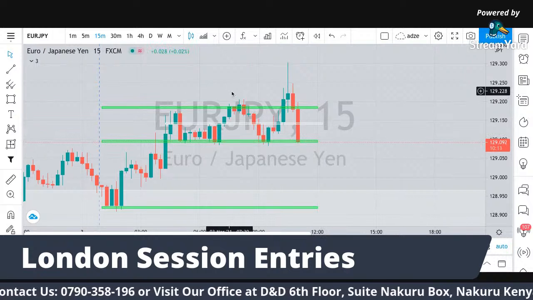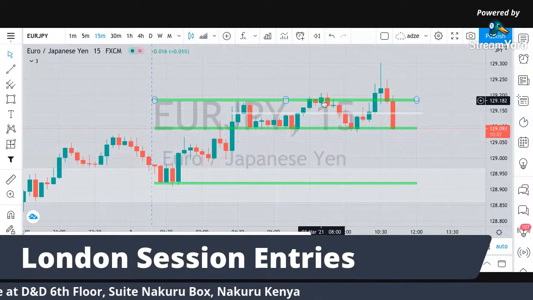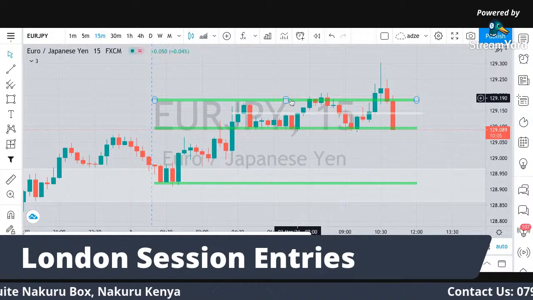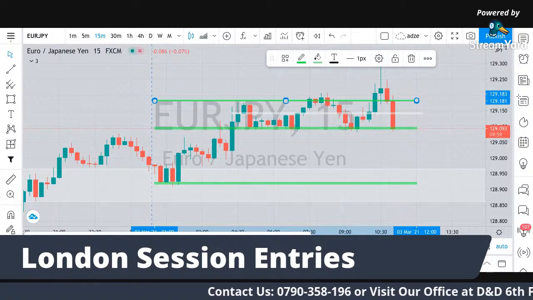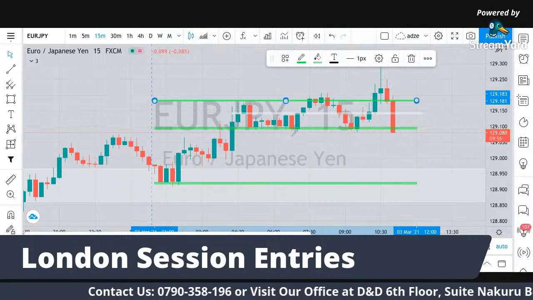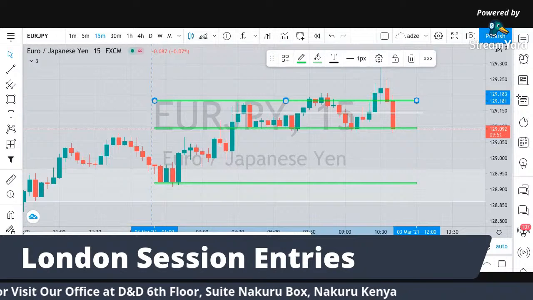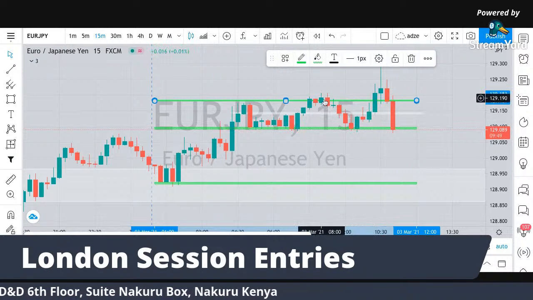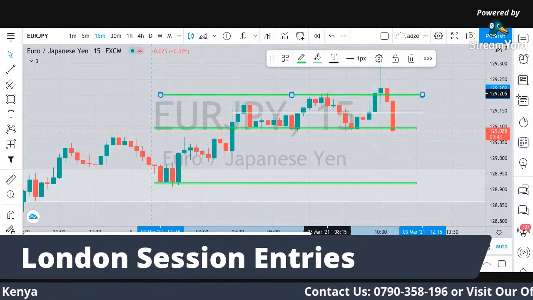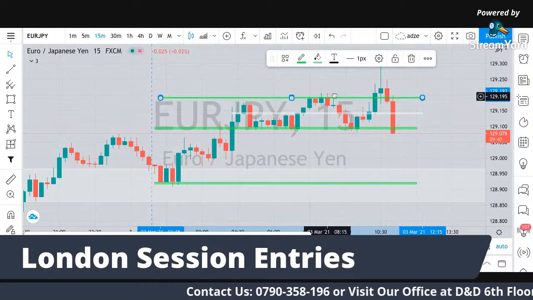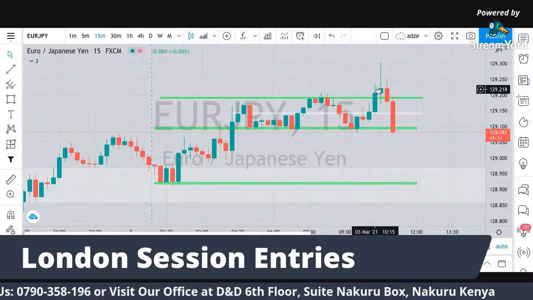Reason being, this is the Asian session high, which was the high that was tested several times, and then it was broken by this candle, and then it was retested.